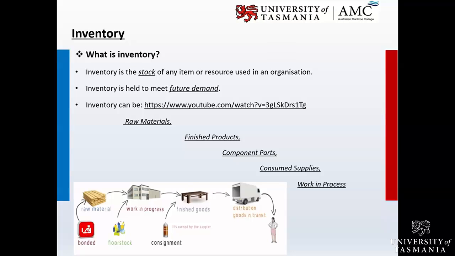So raw materials can be inventory, a kind of inventory. It's similar for finished products, component parts, consumed supplies and work in process. So all these items will be used in an organization, so they can be the inventory.